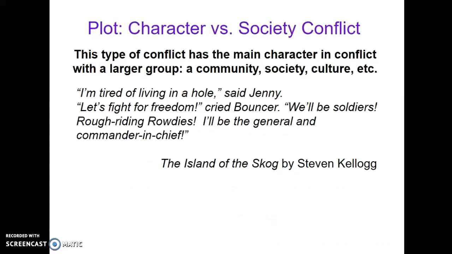Then you have character versus society conflict, and it's when the main character is in conflict with the larger group, a community, society, culture, etc. So really it's just people not fitting into the society, and they're really against it. So you can think back to wartime and the hippies, and the hippies were really against war. That's a huge part of the society at the time. So both aspects of that society are butting heads with each other.